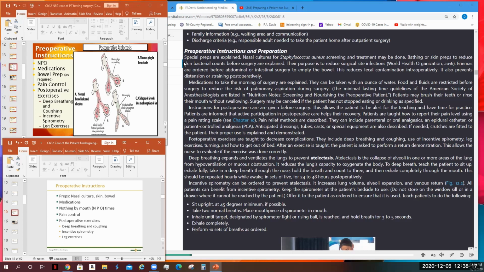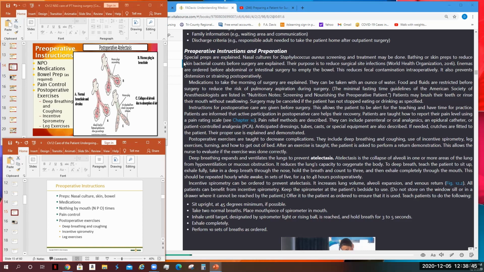They include deep breathing and coughing, use of incentive spirometry, leg exercises, turning, and how to get out of bed. After an exercise is taught, the patient is asked to perform a return demonstration. This allows the nurse to evaluate if the exercise was done correctly.